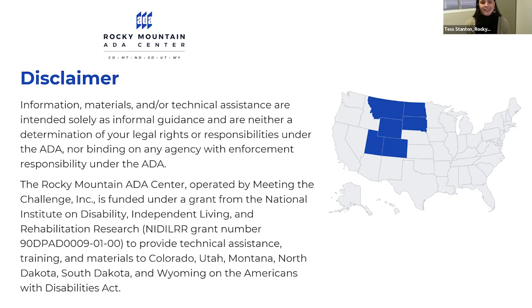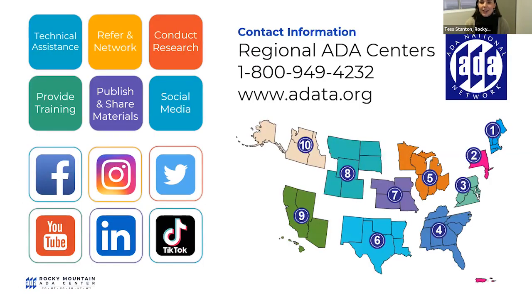Americans with Disabilities Act. So a little bit about where I come from, who we are at the Rocky Mountain ADA Center and what we do. We are part of the ADA National Network, which is a series of centers throughout the United States that provide information on the Americans with Disabilities Act. The image on the presentation slide shows a map of the United States that's divided into different sections or regions, as we call them.